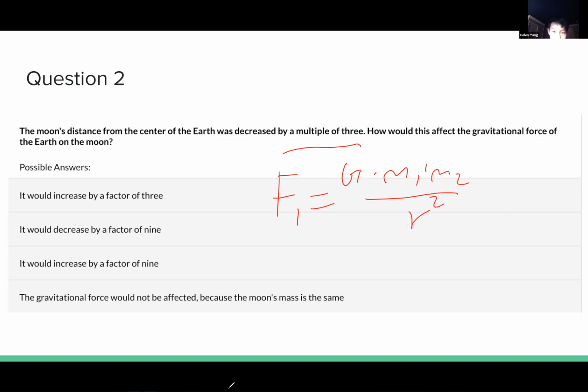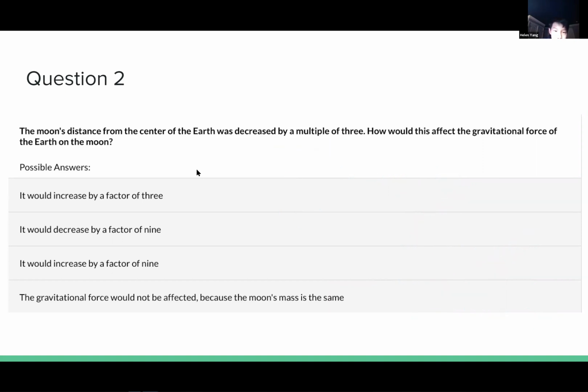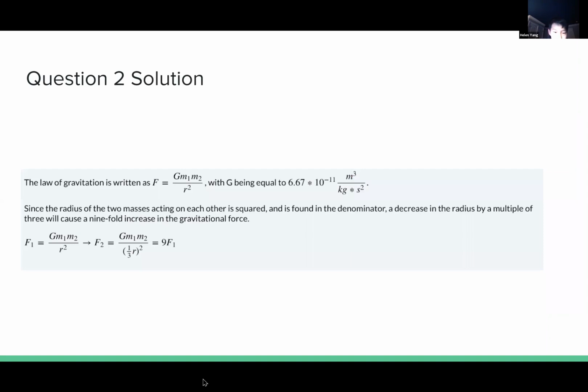If the distance is decreased by a multiple of 3, then it would be 1/3 of R, and squared, that would be 1/9 times R squared. The 1/9 can be written on top as 9 times G times M1 times M2 over R squared. So it wouldn't be a decrease by a factor of 9, it'd be an increase by a factor of 9. And here's the solution.